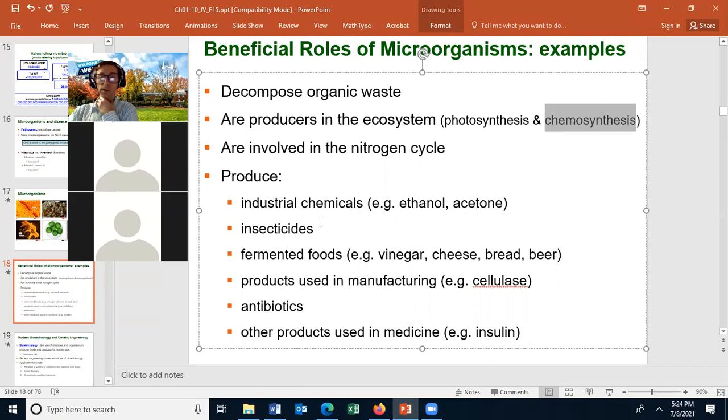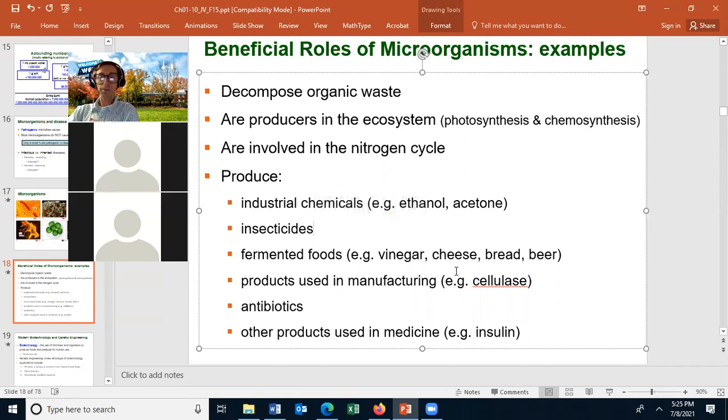We use microorganisms to make some insecticides, and an advantage of these insecticides is that they are less toxic to humans as well as other animals. We use microorganisms to make fermented food.